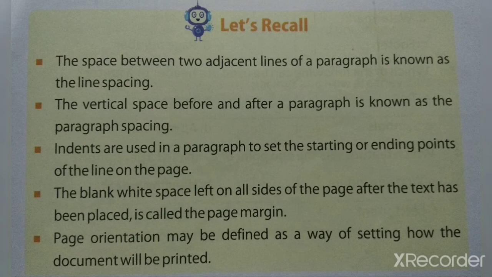The blank white space left on all sides of the page after the text has been placed is called a page margin. Page orientation may be defined as a way of setting how the documents will be printed. As you know, page orientation is of two types, portrait and landscape. Portrait means lengthwise and landscape means breadthwise.